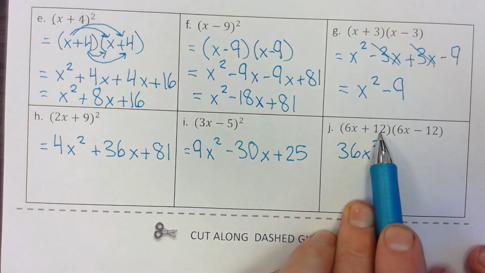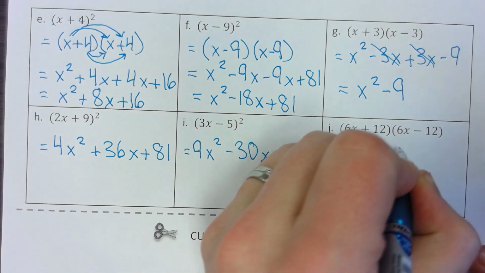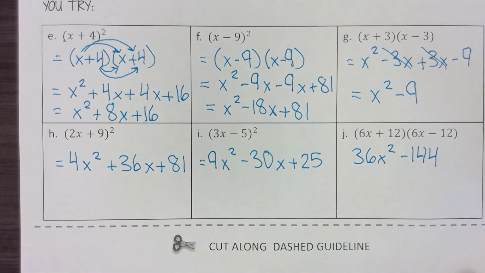So I can just skip on to 12 times negative 12. Well, that's going to give me a negative 144. But if you're going to take shortcuts, you better get them right. You better really understand why you're doing those shortcuts.